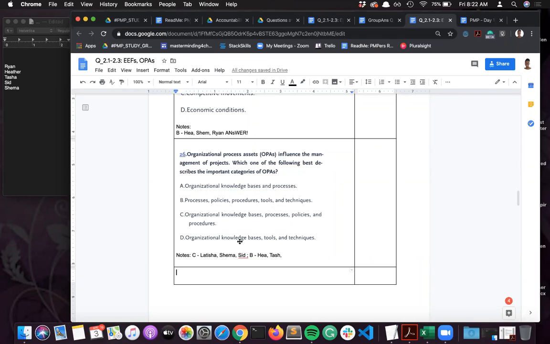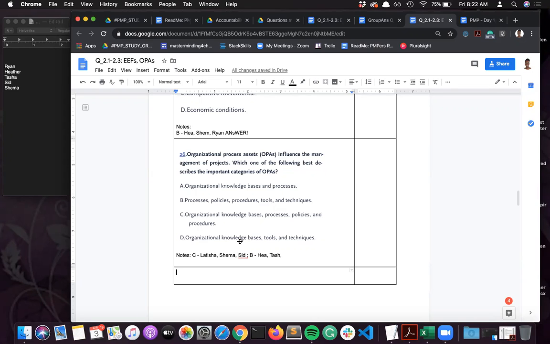On page 39, organizational process assets are the plans, policies, procedures, and knowledge bases specific to and used by the performing organization. They may be grouped into two categories. So that's the thing: policies, processes, and procedures. And the second category is organizational knowledge base.